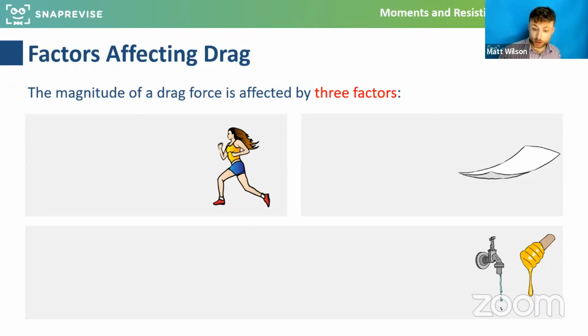So there are things you can do to increase or decrease the size of the resistive force you get from moving through a fluid. So if I move faster through a fluid, should that make the drag larger or smaller? Is the resistive force bigger when I'm moving fast? Or is the resistive force bigger when I move slowly?